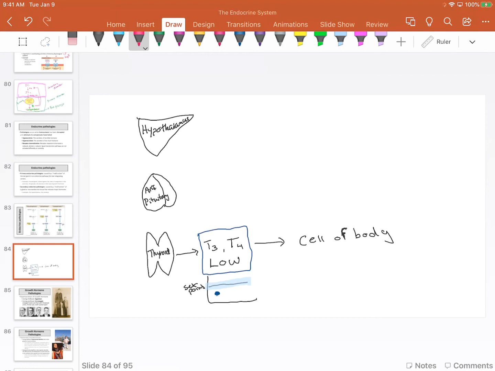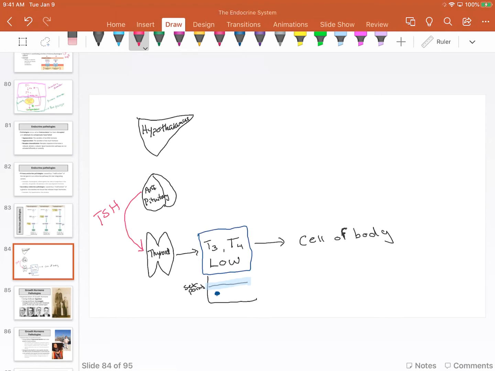What controls the release of thyroid hormone? And the answer you should be saying is TSH. What if my TSH is low? If my TSH is low, would that cause low thyroid hormone to be produced? Of course it would.